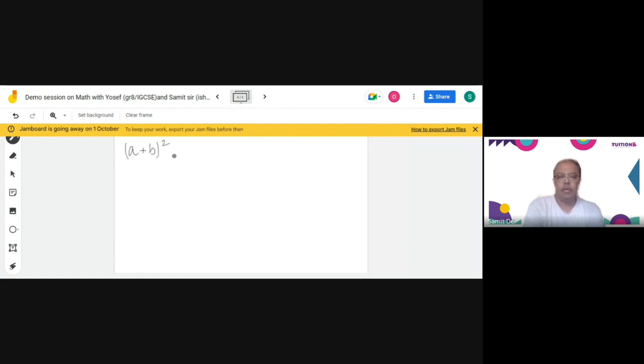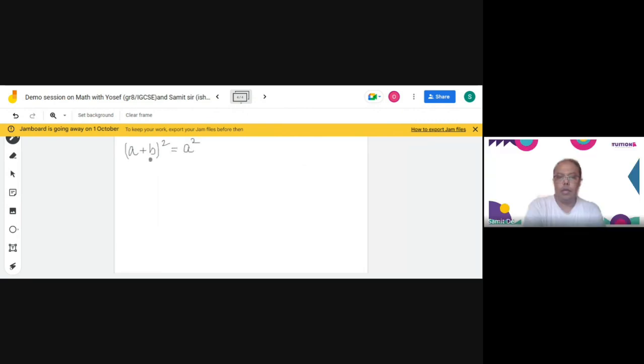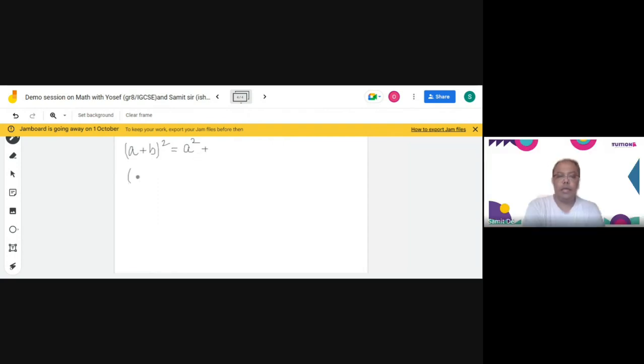Now, what does it give to us as an identity? A plus b whole square can be written as a plus b into a plus b, right?